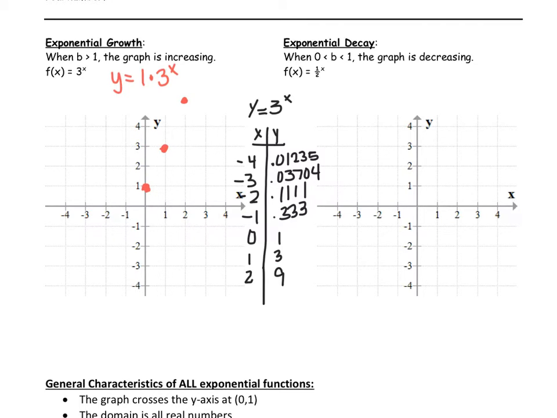And now the values on the negative side. So -1, 1/3 repeated. And it looks like it's getting smaller and smaller and smaller. But actually what's going to happen is that this graph here will never ever touch the x-axis. It's going to approach it, but it's never ever going to touch it.